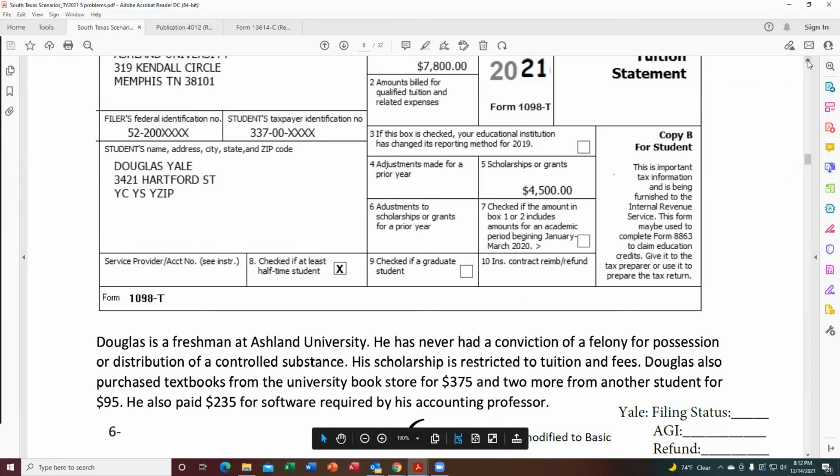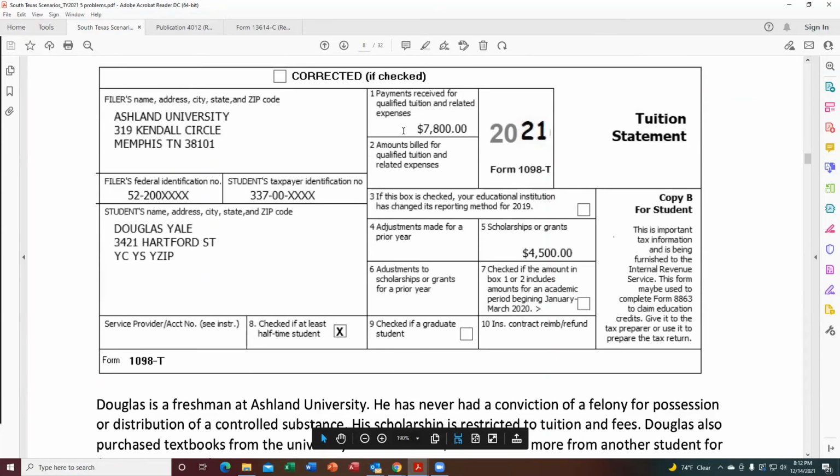So on the form in itself, box 1 and box 5 are always extremely important when you're looking at the form. Box 8 automatically tells you whether they were at least a half-time student. So for the education credit, we're gonna take the 7,800 that appears on box 1 and subtract it from box 5.